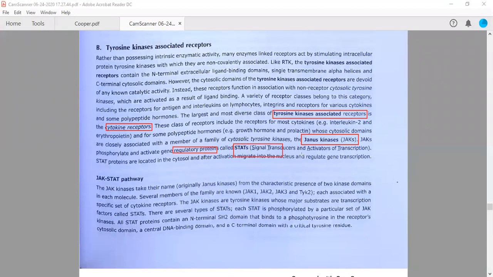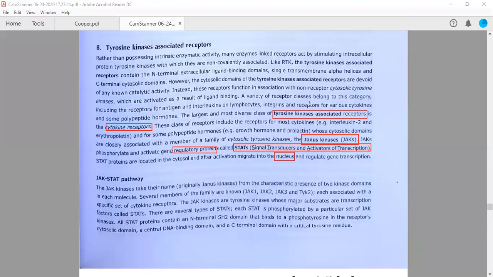These are called STATs, signal transducers and activators of transcription. These STAT proteins are present in the cytosol, but they will migrate into the nucleus, and after translocation they will regulate the transcription of certain genes. So the transcription of certain genes will be under the regulation of these STAT proteins.